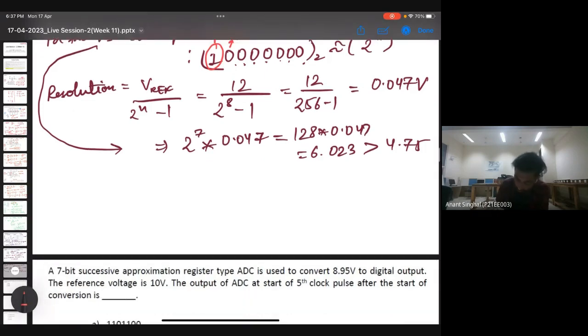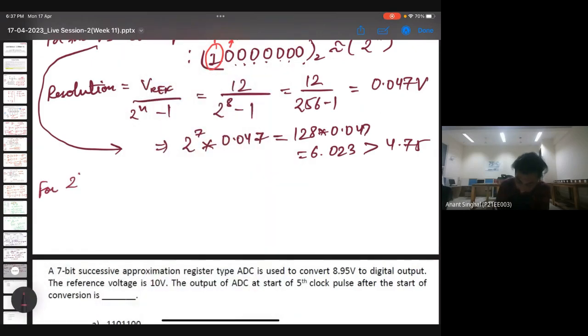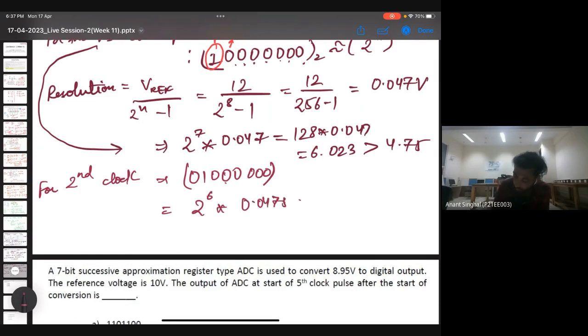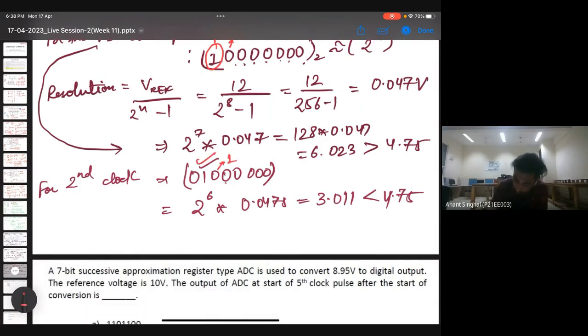So I'll now write for the second clock: it will be 0 1 0 0 0, the same, and the output will be half of that, which will be 3.011, which is less than 4.75. So we'll keep this one. Let me mark it. We'll keep this one and we'll change this to 1 now.